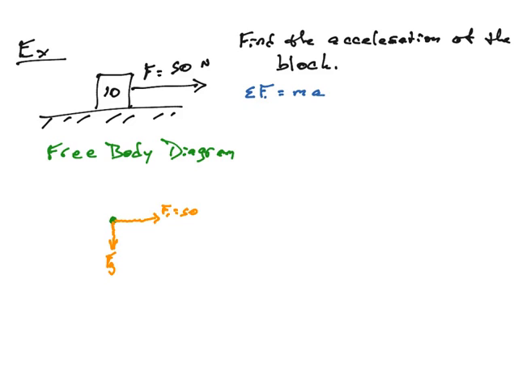Gravity's trying to pull this block downwards, always. Is there any other force? Well, there better be another force, because I know this block is on the table. Anytime you have an object on a surface, there's going to be what's called a normal force.